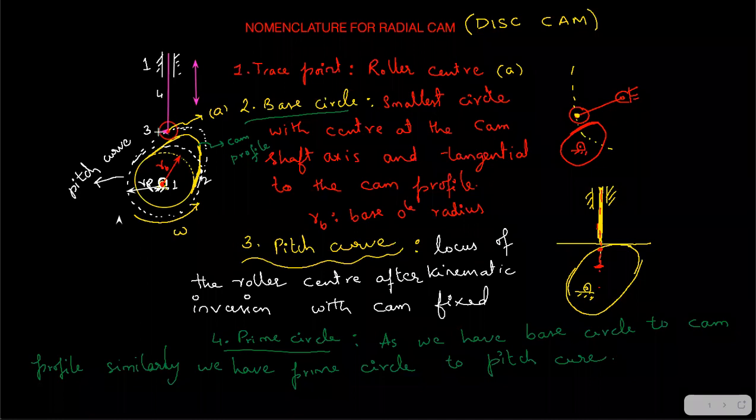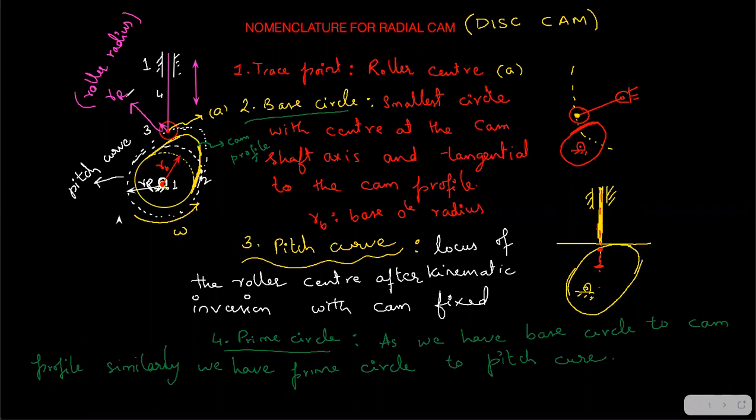See, this is the roller, so the roller has a radius. Drawing the arrow is difficult here because it's a very small circle. Let's say this is your roller circle radius, and I'm going to indicate it using RR, capital R. Now, can anyone tell me the relation between roller radius, prime circle radius, and base circle radius?